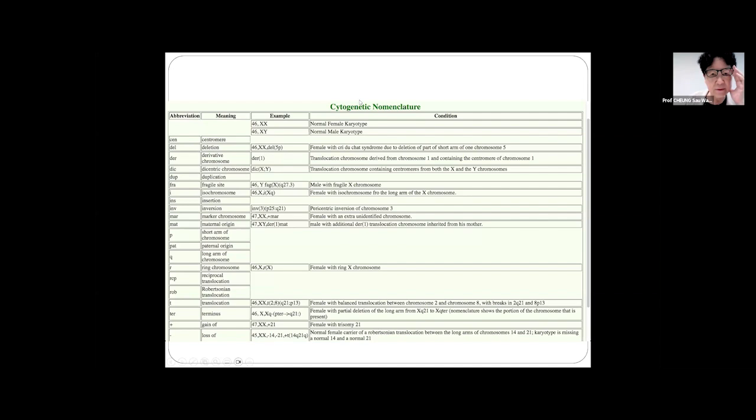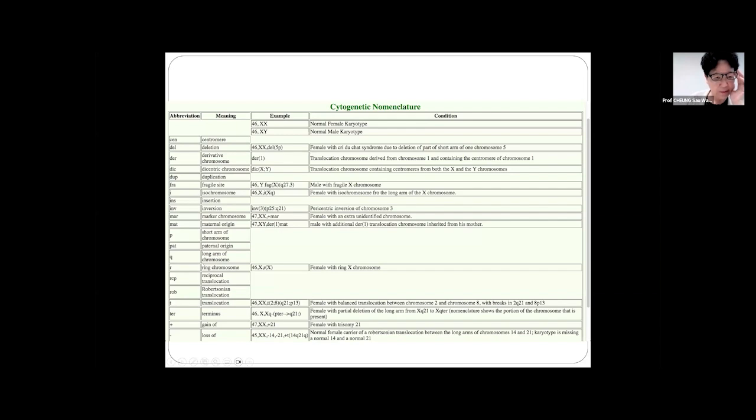If the nomenclature says 46,XX, deletion 5p, that means this individual has 46 chromosomes, XX meaning a female, and the 5p is deleted. That means it's a female with a chromosomal syndrome due to deletion of part of the short arm of chromosome 5.